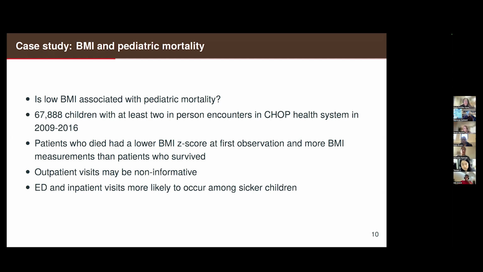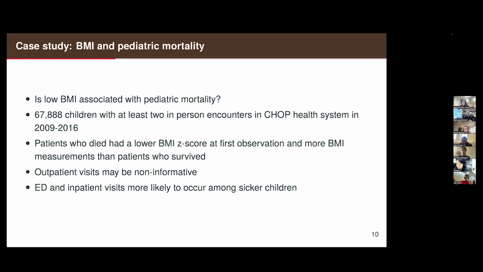So as I mentioned a couple minutes ago, in EHR, we usually don't have information about which visits are informative and which are non-informative. As a proxy for that, in this data set, we're able to divide the observations into those that come from outpatient encounters and those that come from emergency department and inpatient encounters.